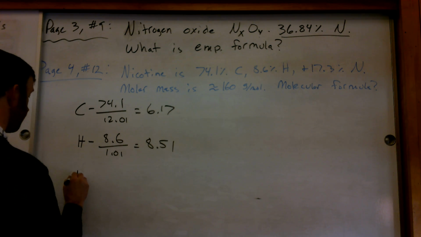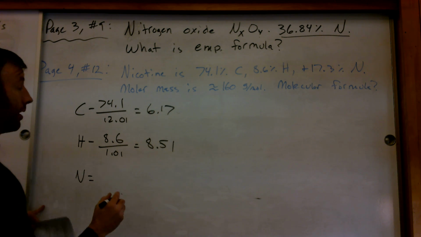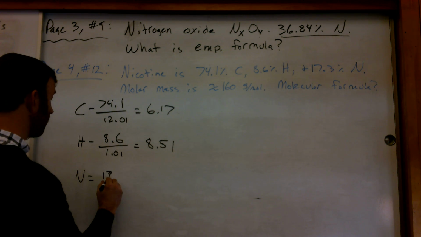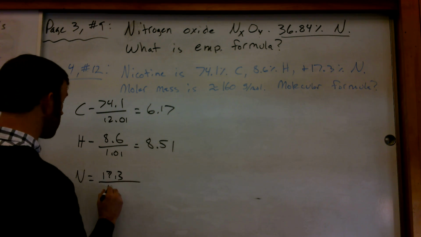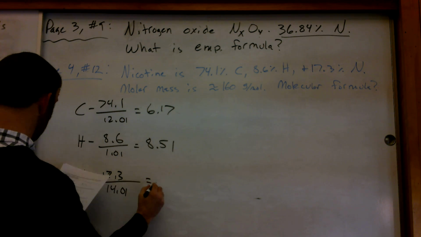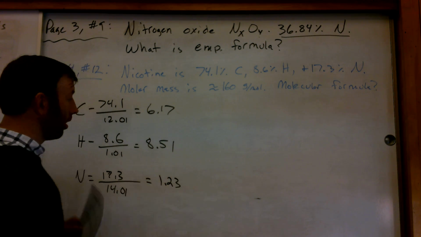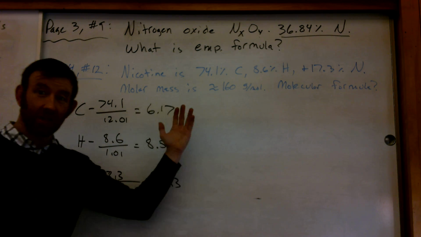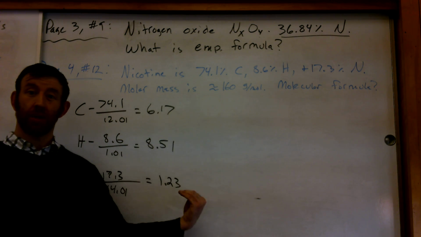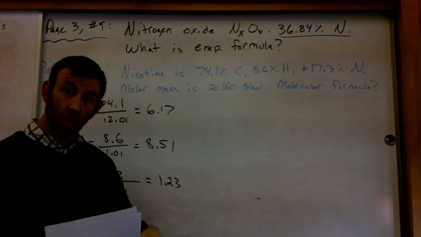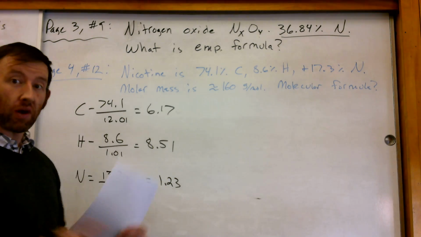And nitrogen, in this case, is 17.3 over 14.01, and that gives me 1.23. Now I have a ratio, but it's in these ugly numbers, and it's hard to actually pick out and reduce those fractions. So we're going to simplify our ratio.